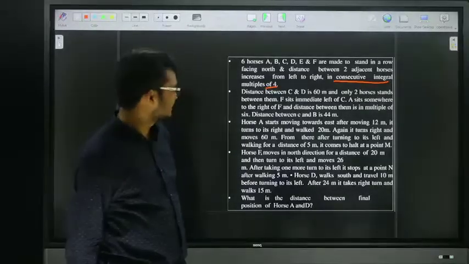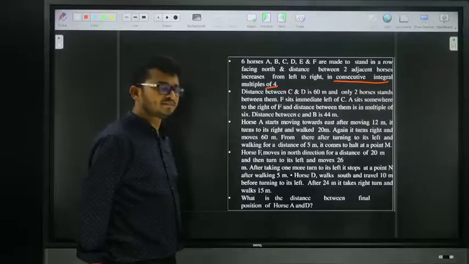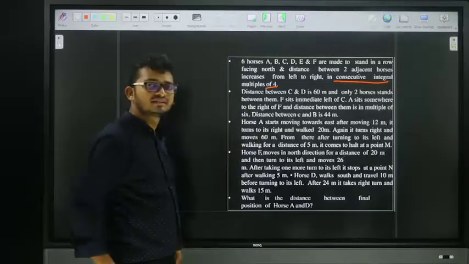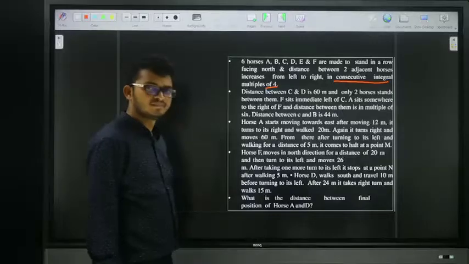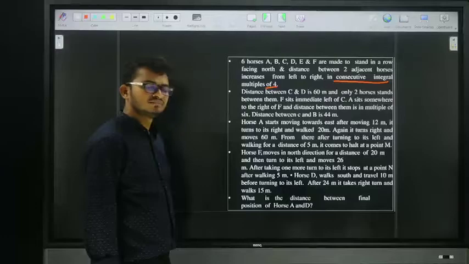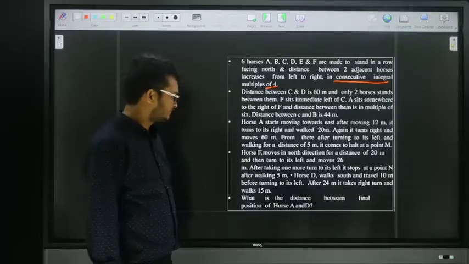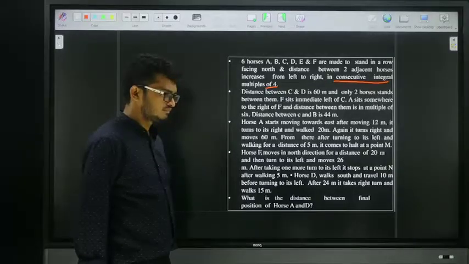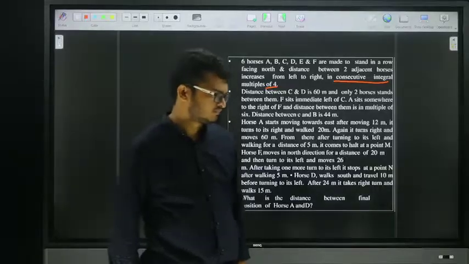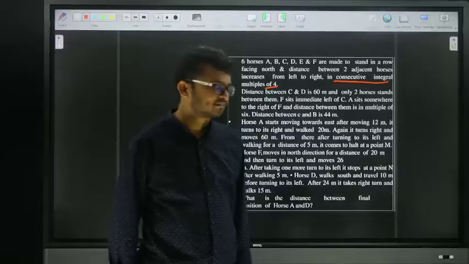Friends, here they gave the same model. I already explained one question from this model. That one was PO mains, this one is clerical mains. Okay, friends, shall I explain?